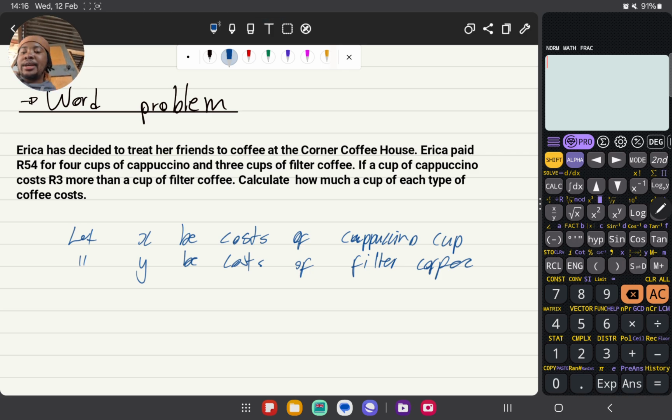Bad handwriting, I'll say. But yeah, so 1 cup of cappuccino costs me x, and 1 cup of filter coffee costs me y, right?